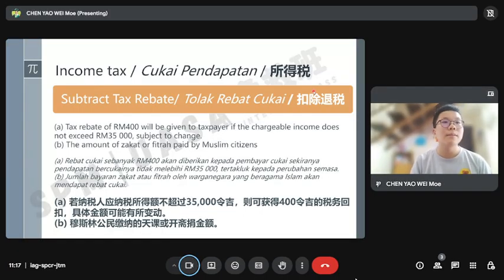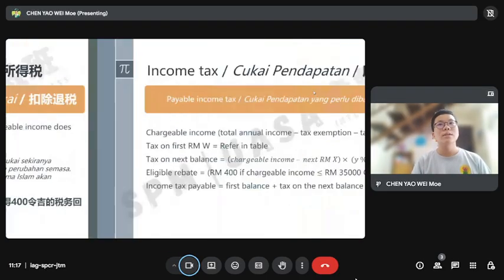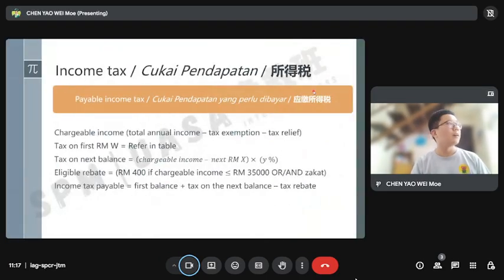So you have a 400 tax rebate if your chargeable income is less than 35,000; if not, you are not eligible for the 400 ringgit. And last thing, you need to calculate the income tax payable. Chargeable income is already calculated, and the tax on the first RM you need to refer to the table.